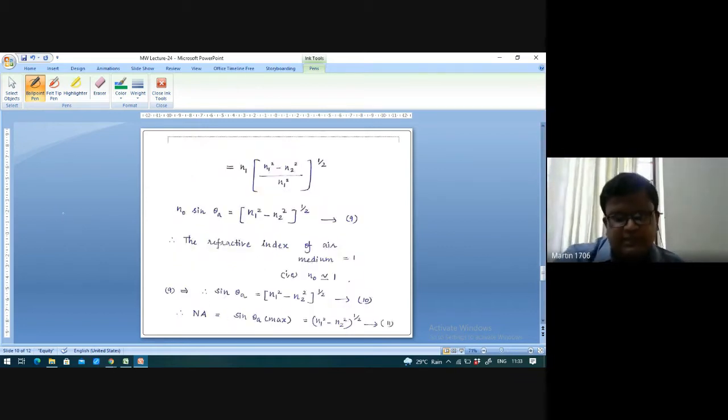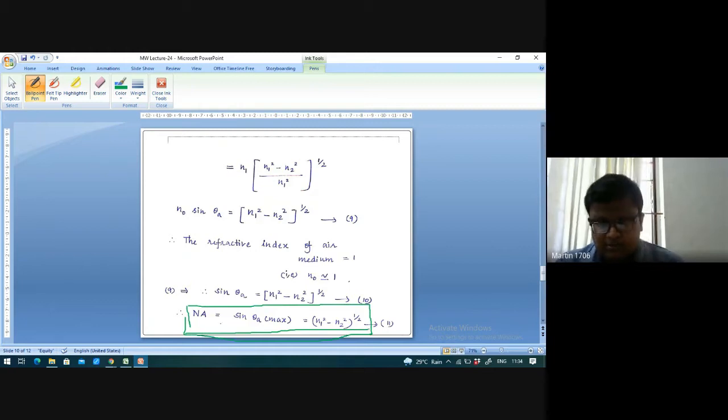When they calculate further, they obtain the numerical aperture expression. This is nothing but your numerical aperture expression. You should remember this; there is no need for the full derivation, but at least remember this equation. Numerical aperture is simply given as NA, and the refractive index of the air medium is always 1. Sometimes in a 1 mark question they will ask that the refractive index of air is 1.